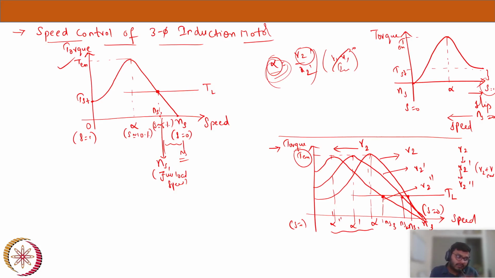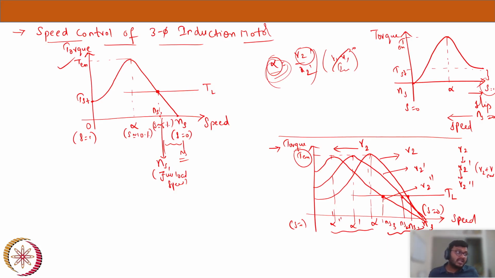And in all three curves we have achieved a very smooth variation by just varying the rotor resistances. For each torque speed curve, we are able to supply the load torque in all the three cases. So we can achieve a very smooth speed control in case of a slip ring induction motor by just varying the resistances.